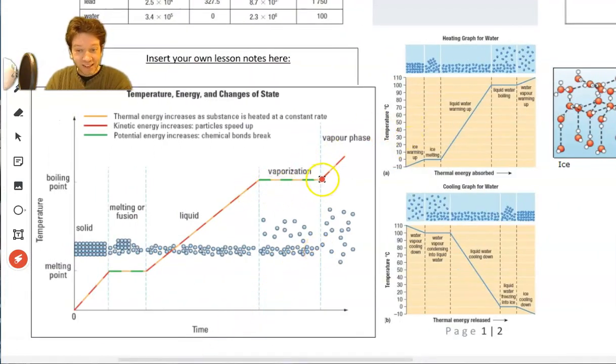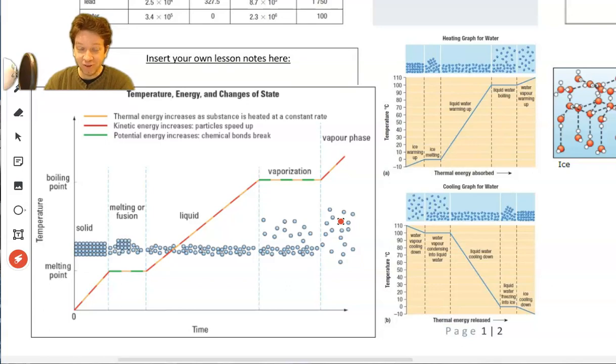And then if we still end up heating it once it's fully changed state into a gas, then the energy that we're transferring goes back into increasing the kinetic energy of the particles, and the temperature once again increases. So what we've learned before is the amount of energy required to increase the temperature.